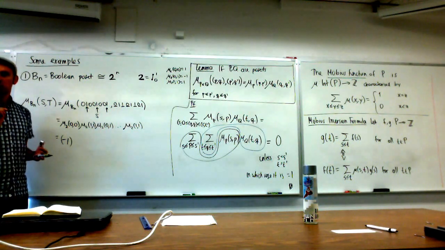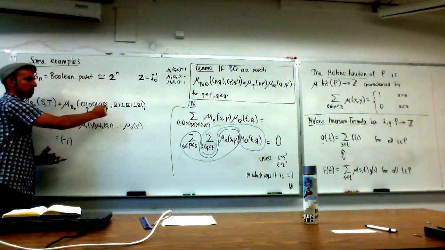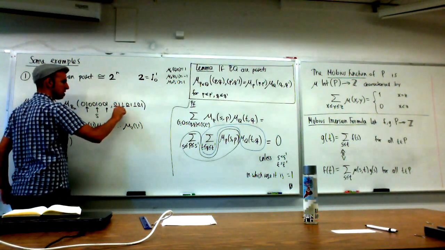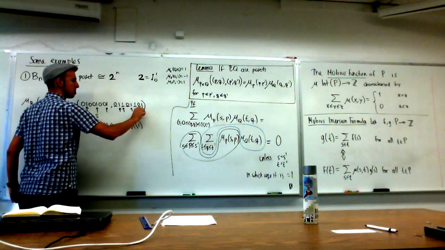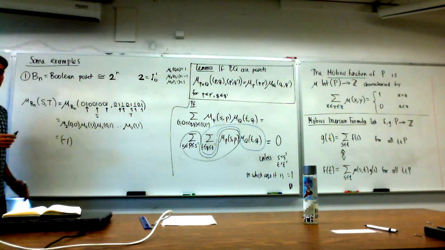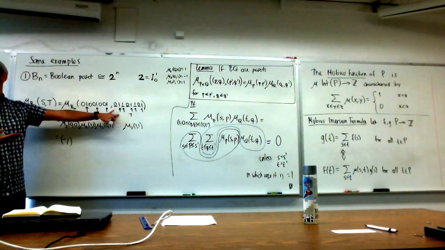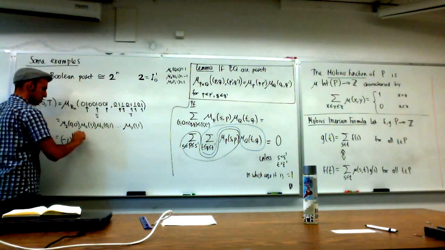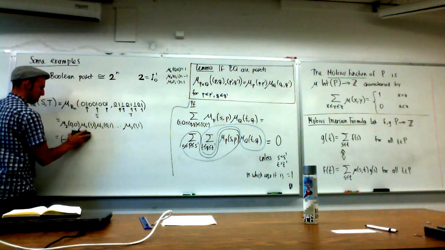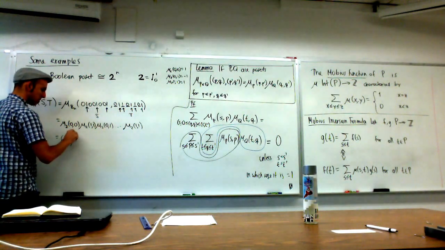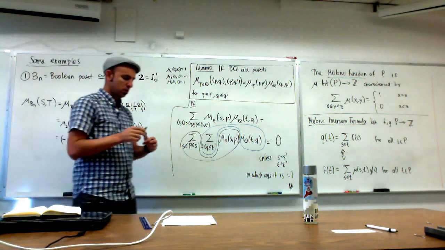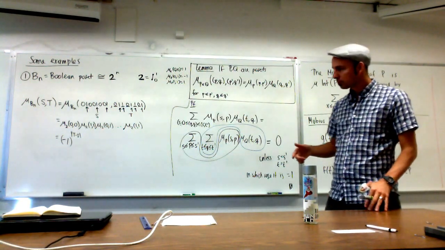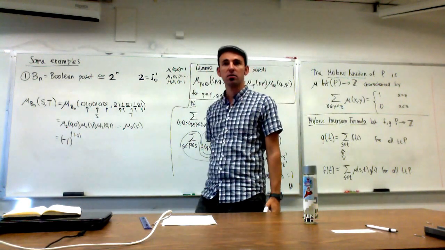The number of -1s is the number of times that I have a 0 here and a 1 here. Here T is the collection of 1s. So the number of times that I have a 0 here and a 1 here is precisely the difference between T and S. So it's just -1 to the T minus S. And so that's a pretty nice, simple conceptual proof that the Moebius function is just 1s and -1s for the Boolean lattice.